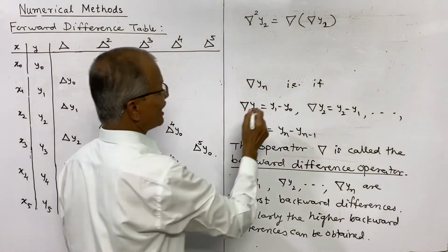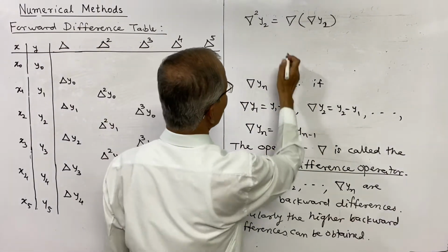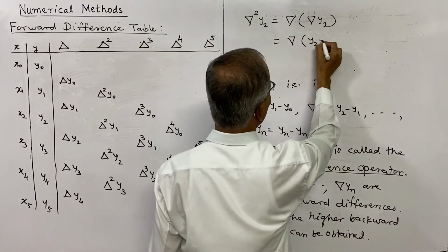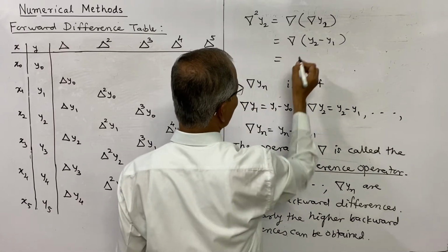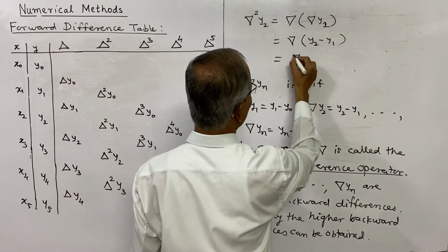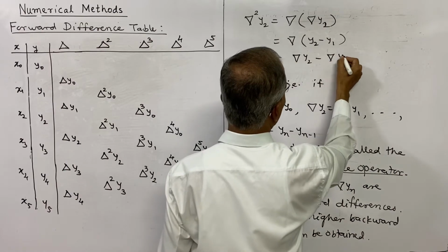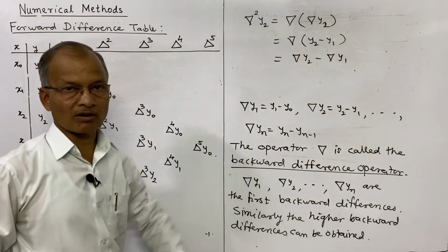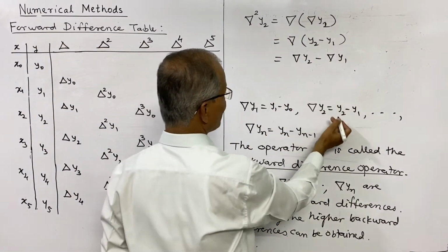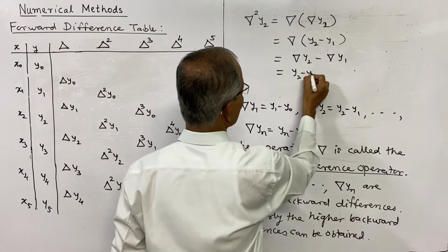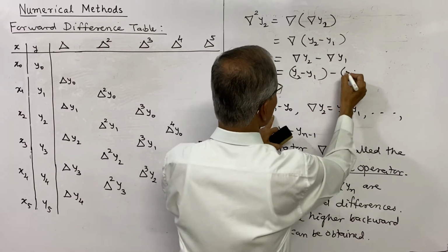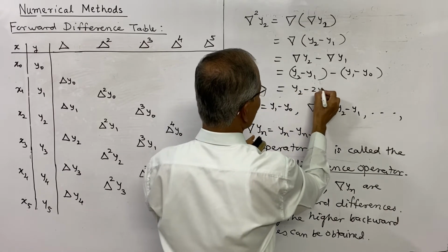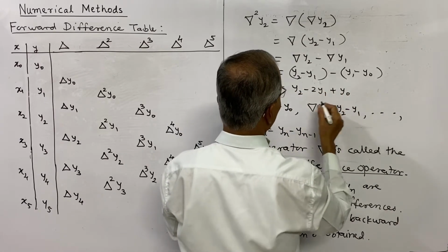And what is del y2? Del y2 is y2 minus y1, and del y1 is y1 minus y0, so del square y2 is del y2 minus del y1, which gives y2 minus 2y1 plus y0, and so on.